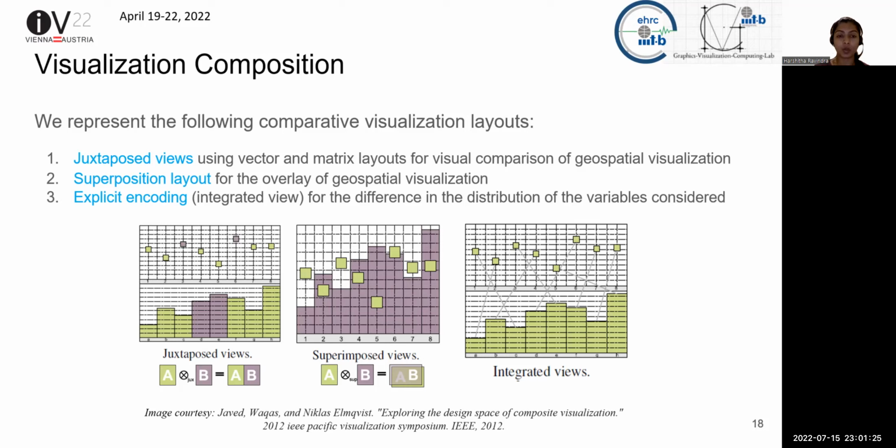Juxtaposed views using vector and matrix layout for visual comparison of geospatial visualization, superposition layout for the overlay of geospatial visualization, and explicit encoding for the difference in the distribution of variables considered. Of these, explicit encoding and juxtaposed view use global comparison, and overlays use local ones.